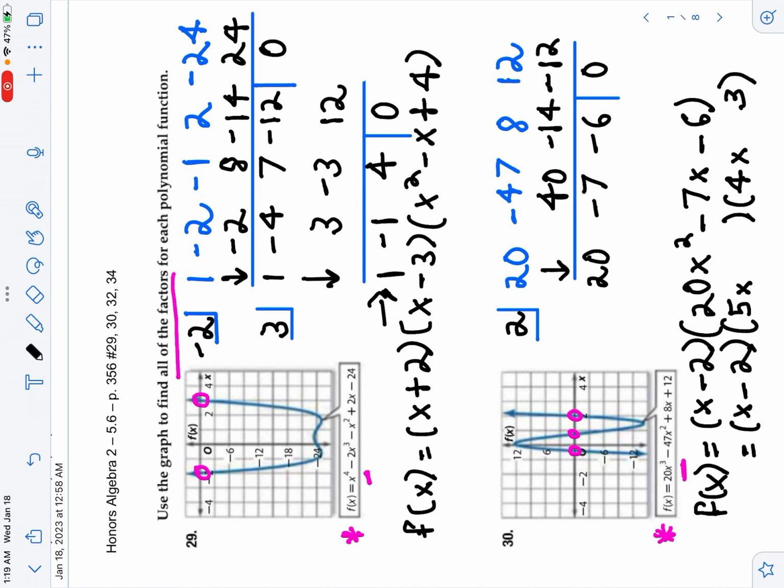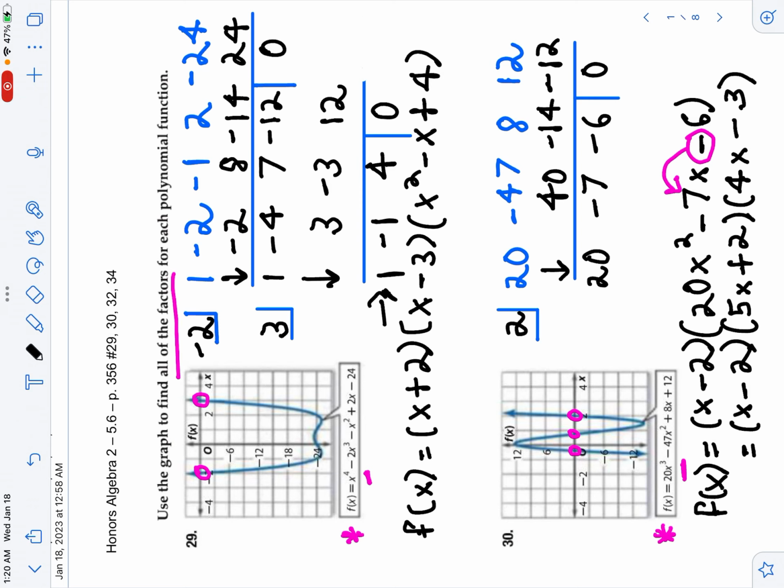And that would be 15x. And that would be 8x. And 15 and 8 have a difference. Remember, I'm looking for a difference of the outside and inside products to be 7, and that's what I get with 15x and 8x. My signs are going to be different. I want negative 15x plus 8x, and that's negative 7x, and now I have all the factors. So that's what you do in 29 to 30.